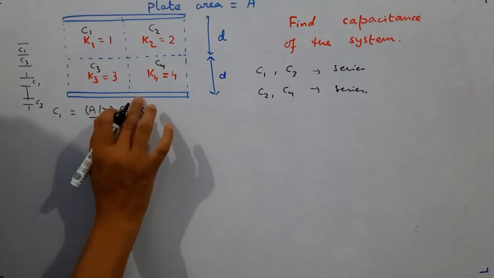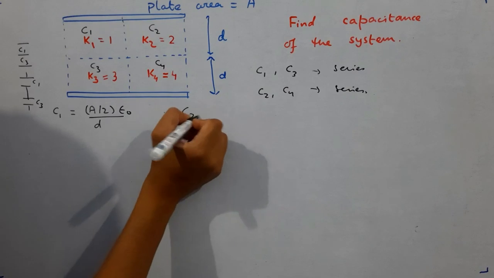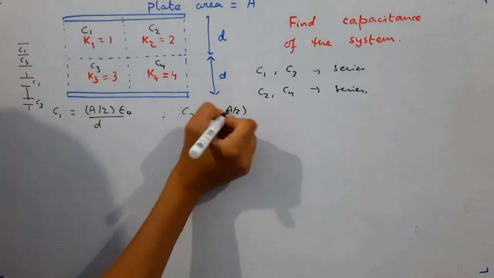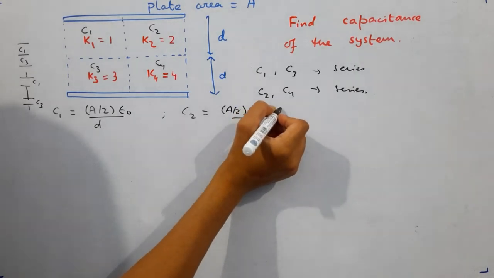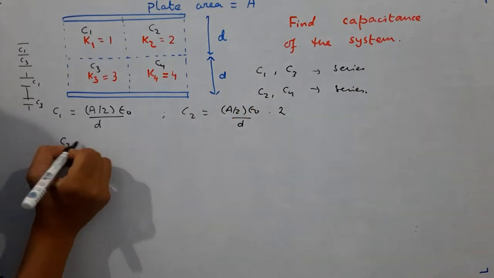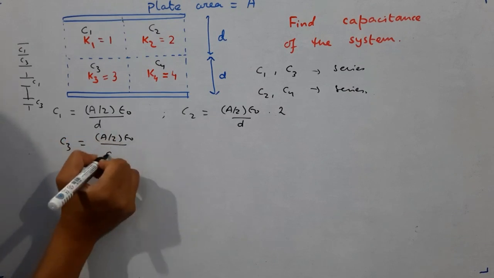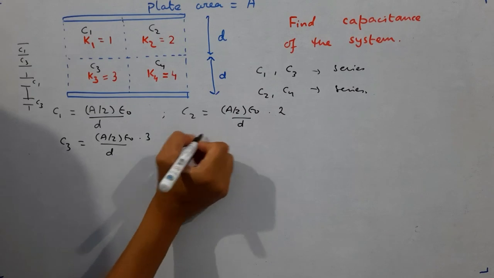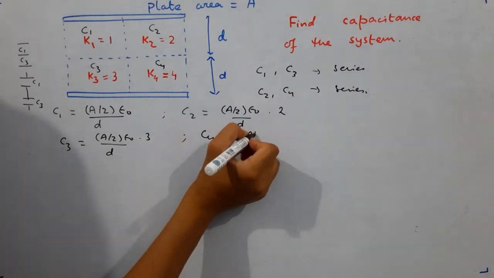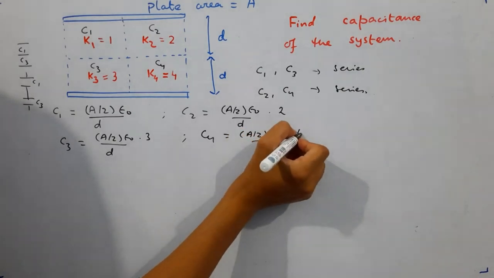K1 is how much? 1. So this is the answer. C2 will be A by 2 epsilon naught upon D times K2. K2 is 2. C3 will be A by 2 epsilon naught upon D times K3. K3 is 3. And C4 will be likewise A by 2 times epsilon naught by D times 4.